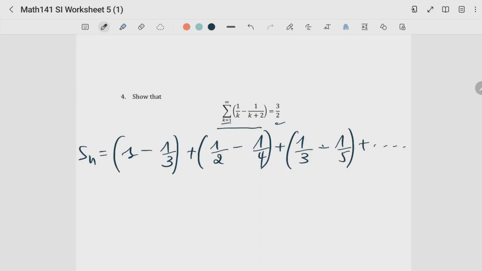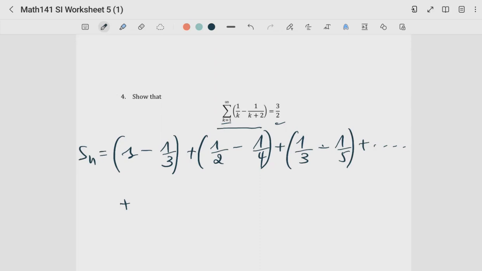All the way until, let's say, you get to the nth term. So the nth term will be wherever you stop in the sum of the series.